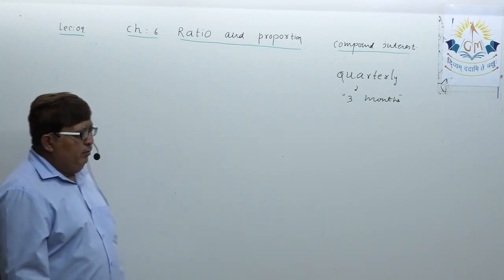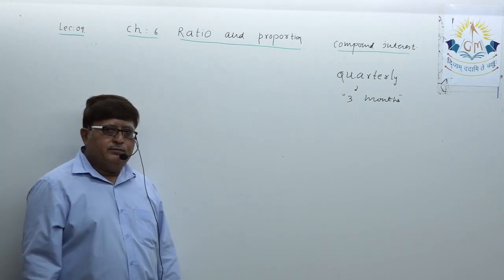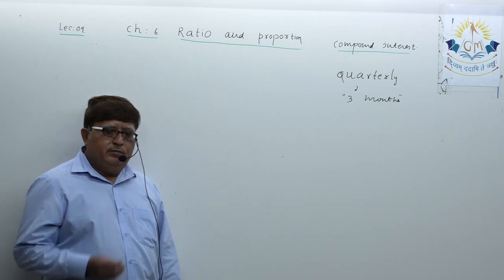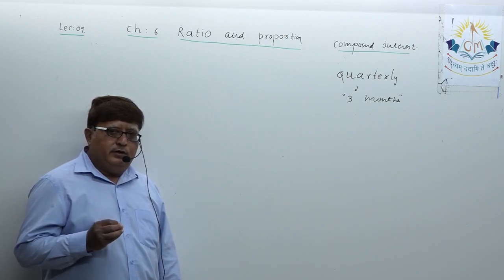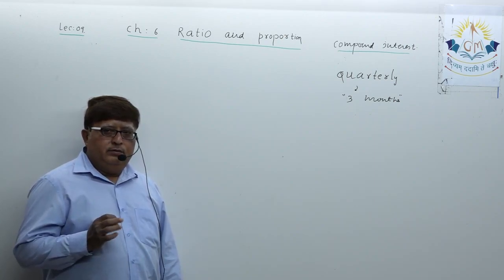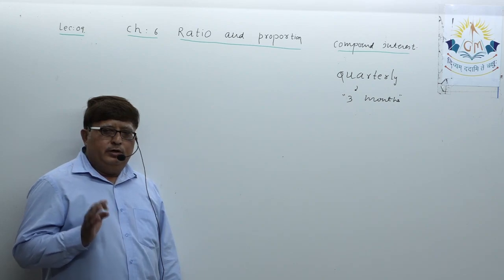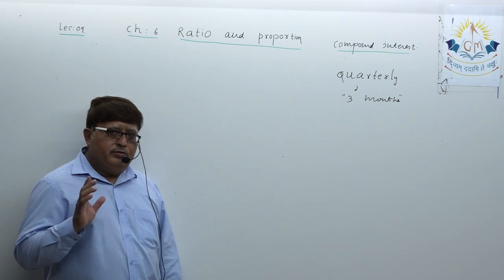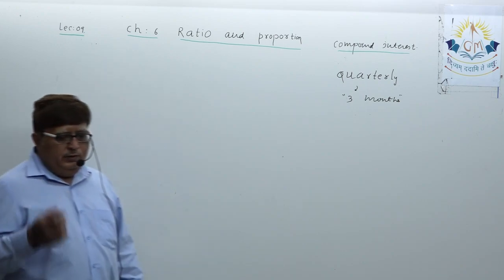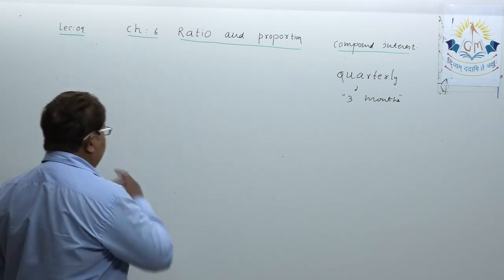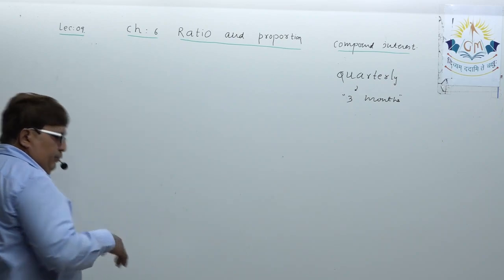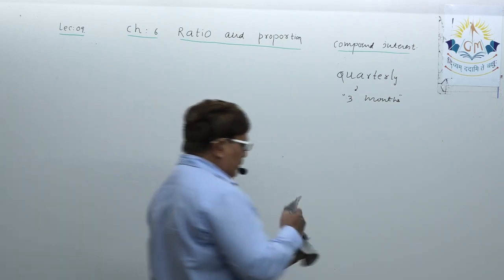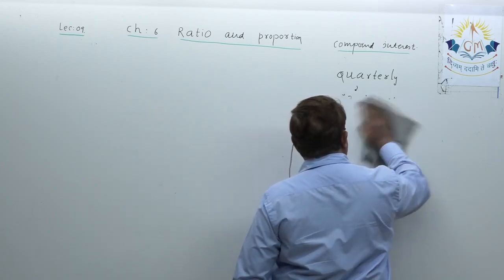We will solve examples, but before solving the example, one thing has to be very clear in your mind. Quarterly means 3 months. You understood this? Let us take the first example.